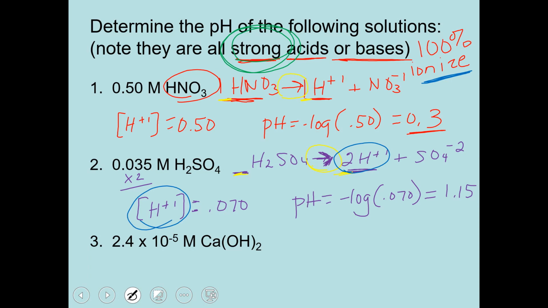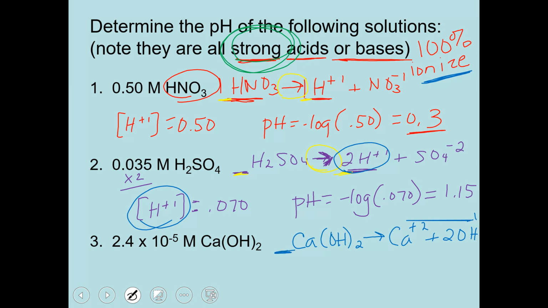Now, calcium hydroxide is going to be on the list of strong acids and bases that you are given. When it breaks apart, and this is why we practice this a lot in Unit 10, you get one calcium ion and you get two hydroxide ions. Ignore that line up there.